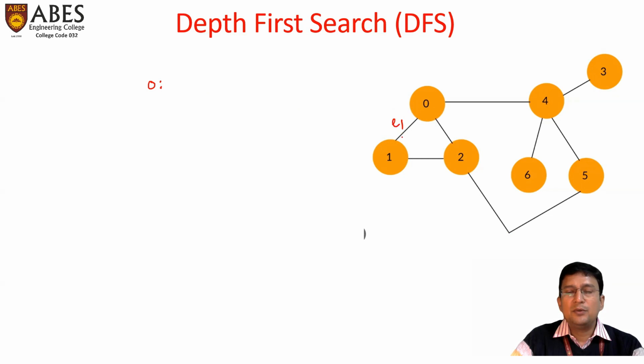Let's say the 0 to 1 edge is E1, 0 to 2 edge is E2, 0 to 4 edge is E3, 1 to 2 edge is E4, 2 to 5 edge is E5, 3 to 4 edge is E6, 4 to 5 edge is E7.